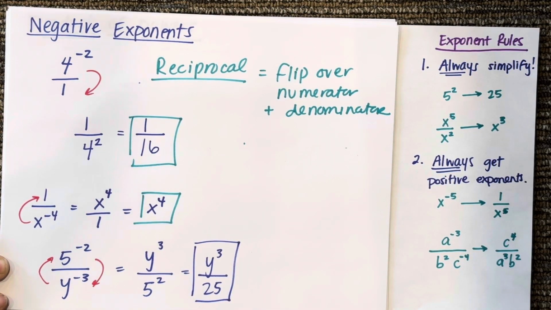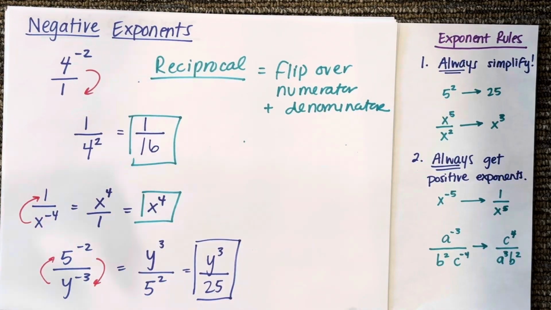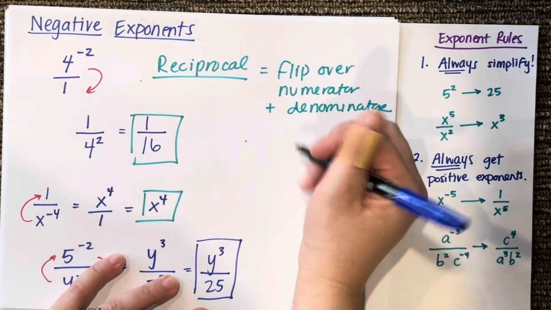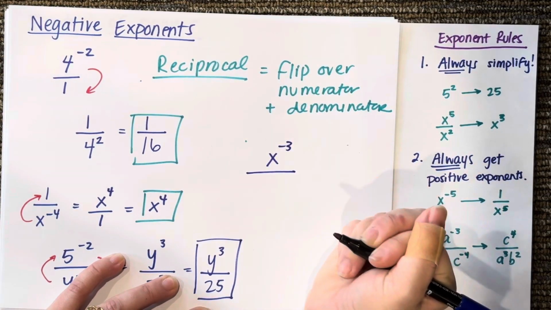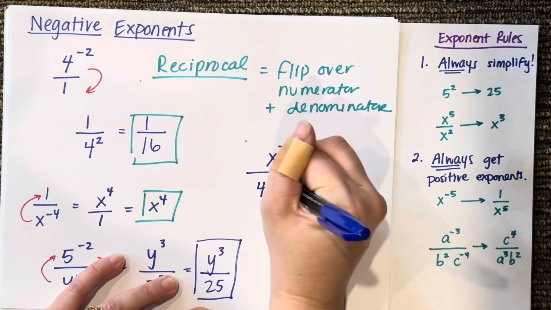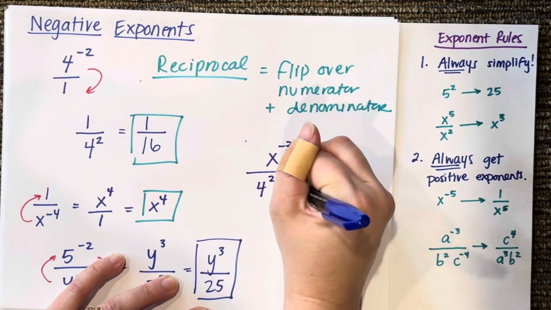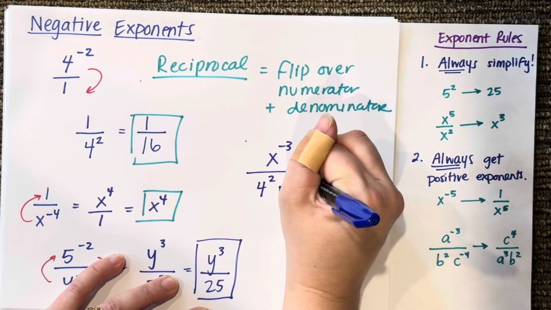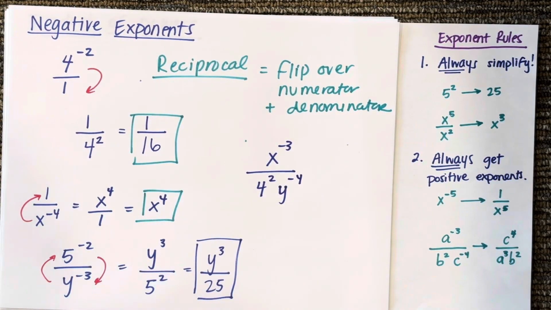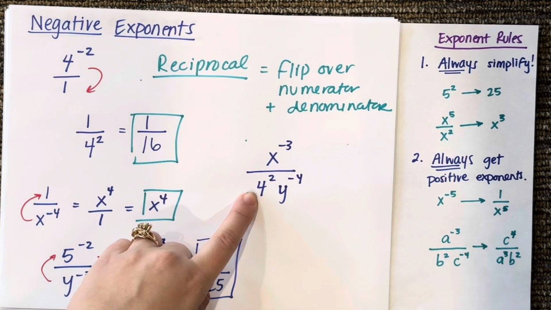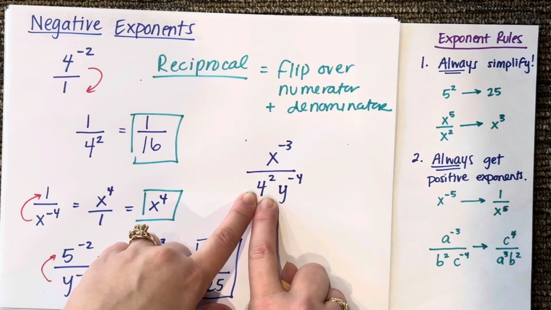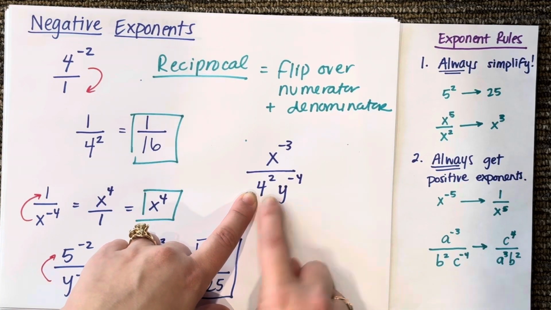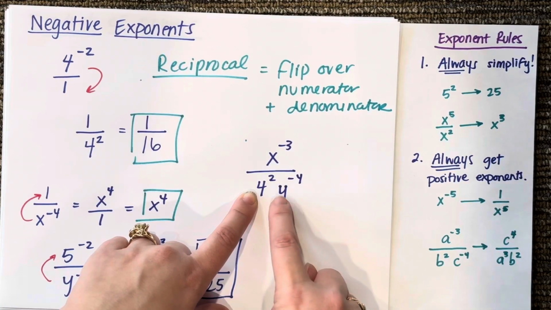Okay. We'll do one other one, which is x to the -3rd divided by 4 squared y to the -4th. In this case, you're looking at your 4. It already has a positive exponent. You want to keep that 4 on the denominator. But my x needs to flip and my y needs to flip.